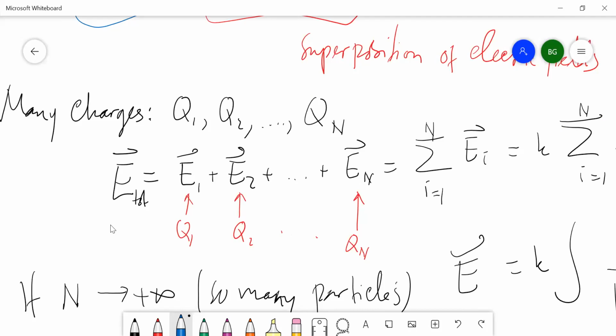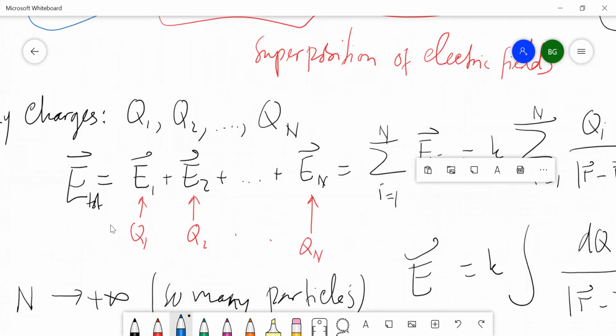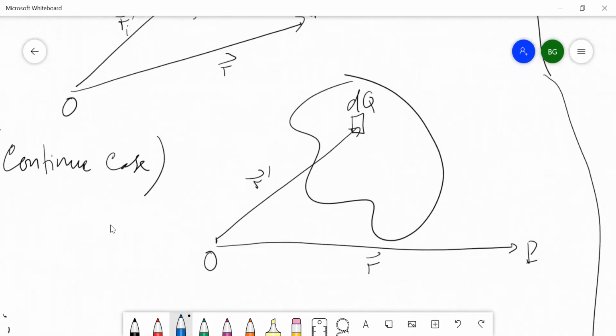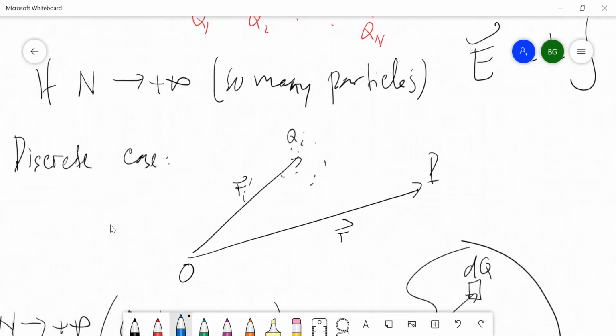Then we could simplify with the symbol sigma: E1 plus E2 plus dots plus En is equal to the sum from i equals 1 to capital N of Ei, where Ei is the field of the ith charge.